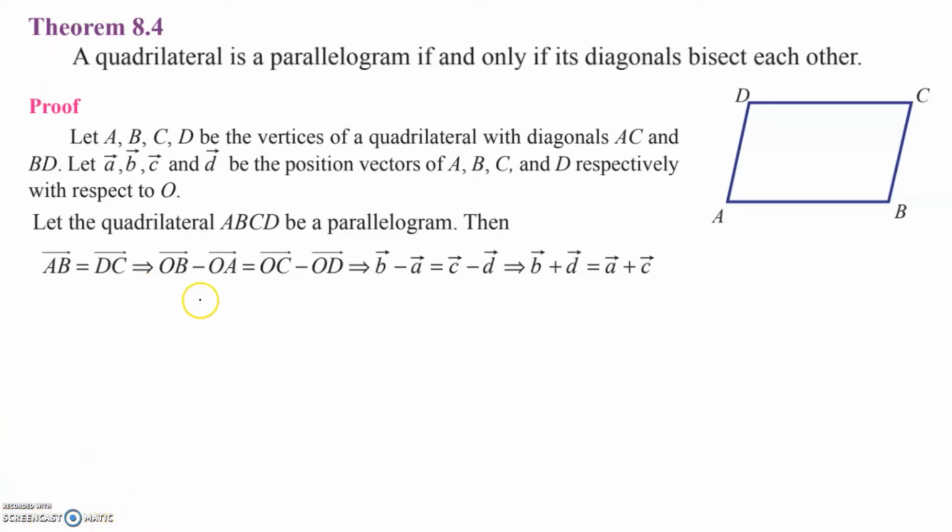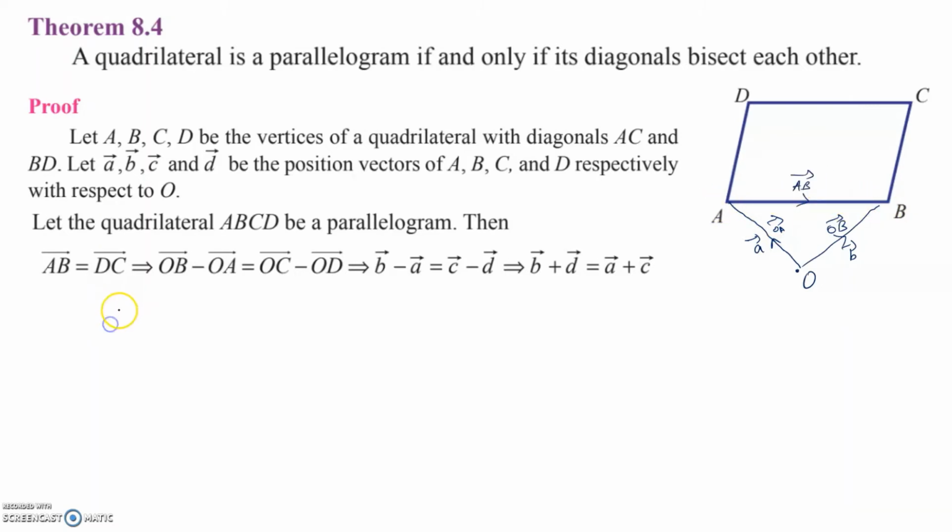Now, vector AB. Let me call this my point of origin. This is my vector OA and my vector OB; you can call them A and B also. Now, this is my vector AB.